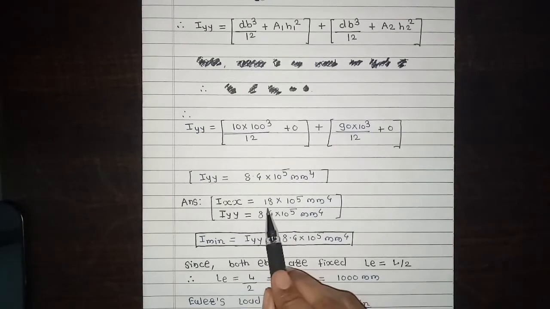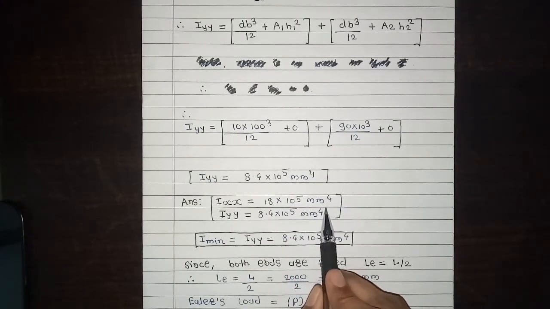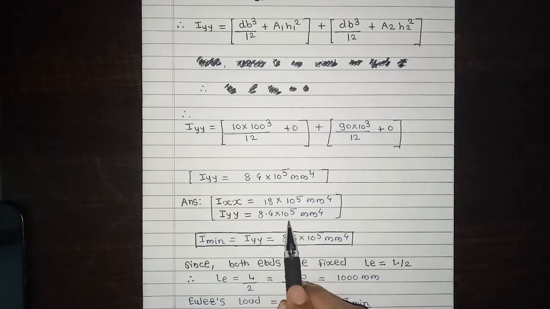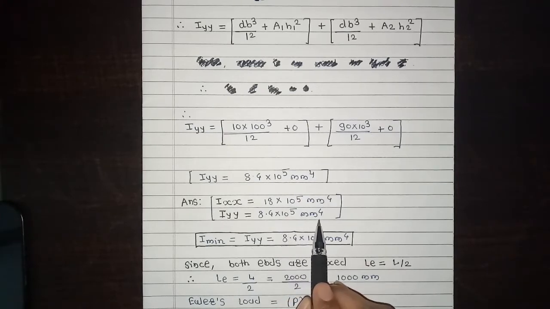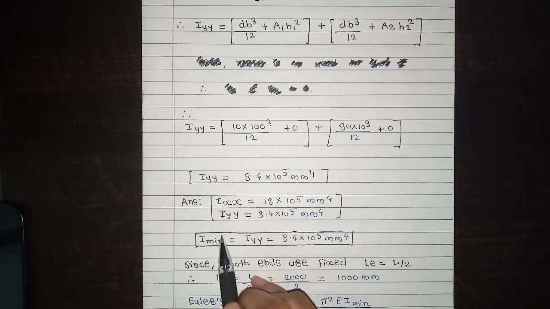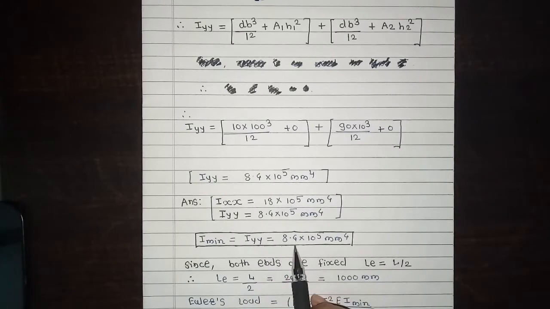Then Ixx is equal to 18 into 10 to the power 5 mm raised to 4, and Iyy is equal to 8.4 into 10 to the power 5 mm raised to 4. So I minimum, the minimum moment of inertia, is equal to Iyy, 8.4 into 10 to the power 5 mm raised to 4.